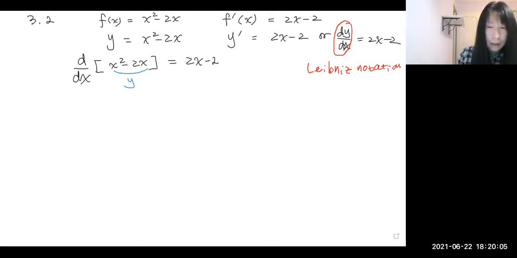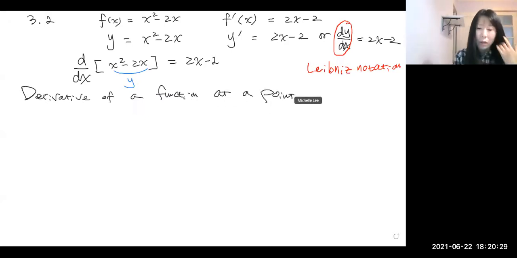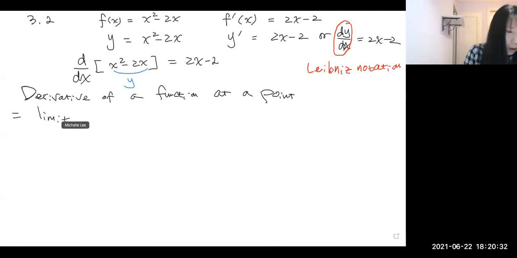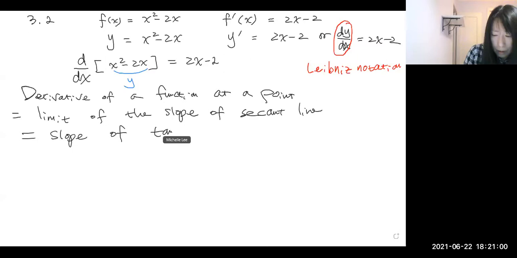So the derivative of a function at a point is the same as the limit of the slope of the secant line, right? Which is the slope of a tangent line. The limit of the slope of the secant line is the same as the slope of the tangent line.